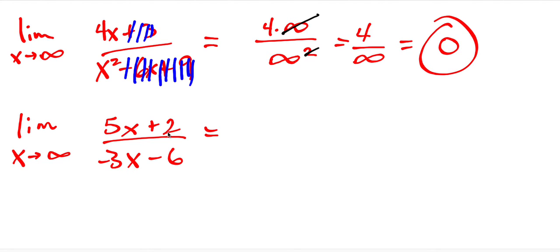We've got 5x and we've got 2. The 2 doesn't even have a variable, so that's considered lower degree. So that's why we cross it off. On the bottom, same thing. If we had something that had a squared, that's a higher degree. Cube would be higher degree. So you kind of go by the highest power.